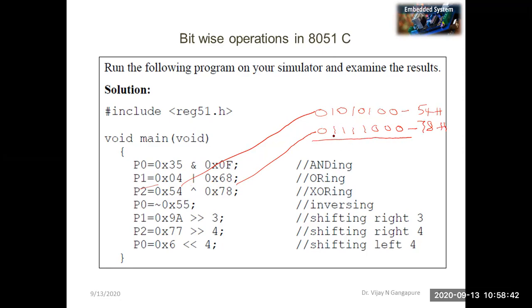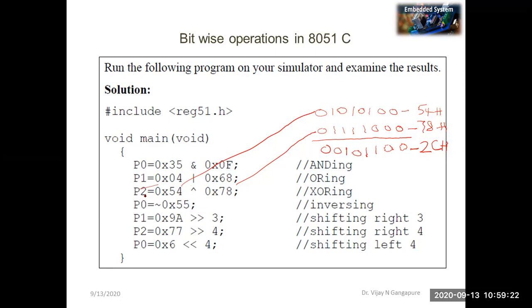The first bits are 0 and 0, which produce 0. 0 and 0 produces 0. 1 and 0 produces 1. 0 and 1 produces 1. 1 and 1 produces 0. 0 and 1 produces 1. 1 and 1 again produces 0. And 0 and 0 produces 0. So this results in 2C. The bitwise XOR operation between 0x54 and 0x78 produces 0x2C, or 2CH, and that will be outputted to port 2.